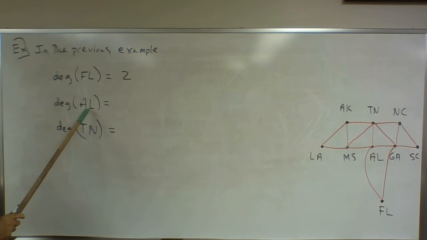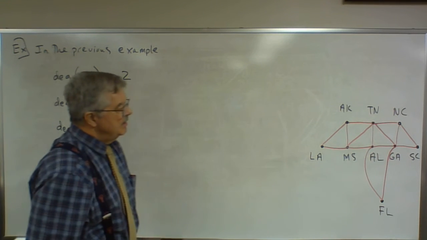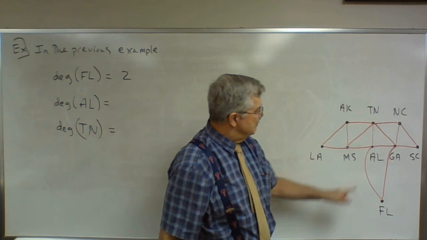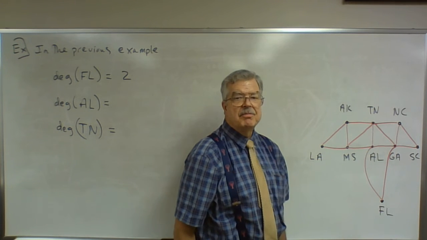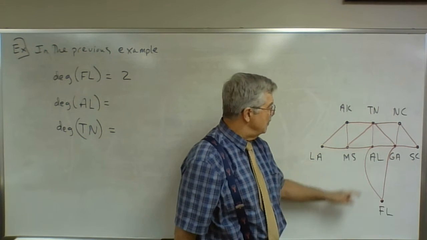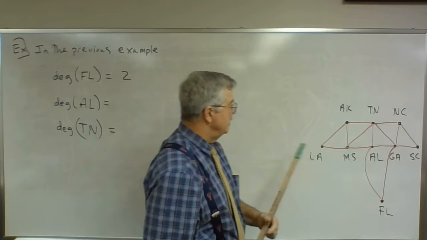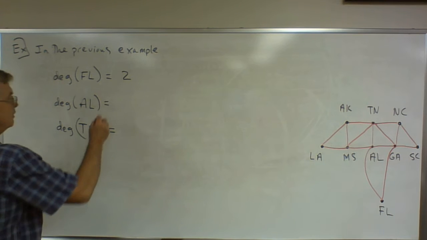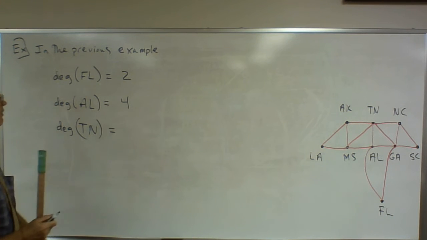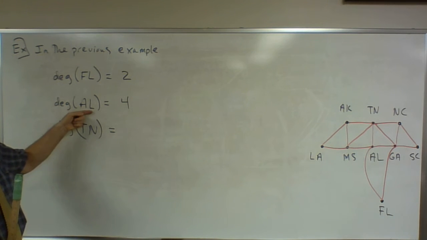What about Alabama? The degree of the vertex Alabama is the number of edges going in or coming out. We have 1, 2, 3, 4. Degree of Alabama is 4. And that means that Alabama borders on 4 states.